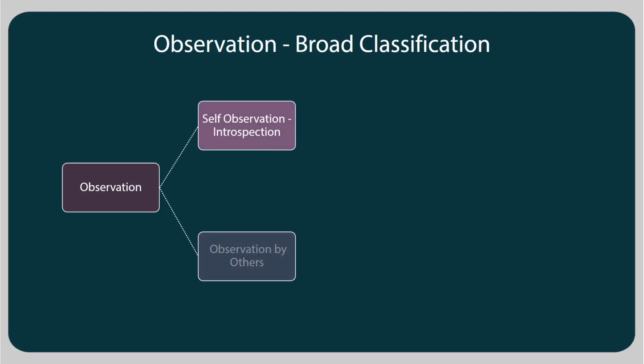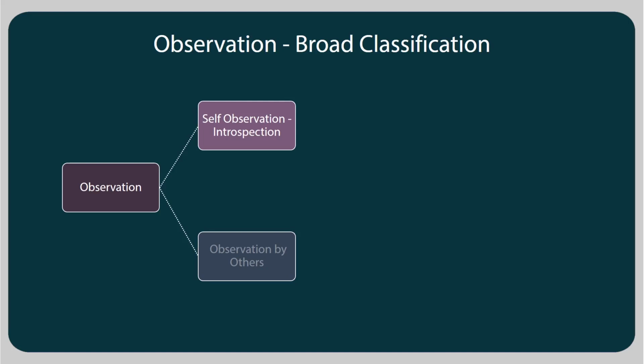Self-observation, in a way, will be like introspection. Introspection means internal examination. Intra means within. Inspection means looking at. So, you look into yourself is what we call introspection, which is what we precisely do in self-observation. One example I can give you for introspection is SWOT analysis.